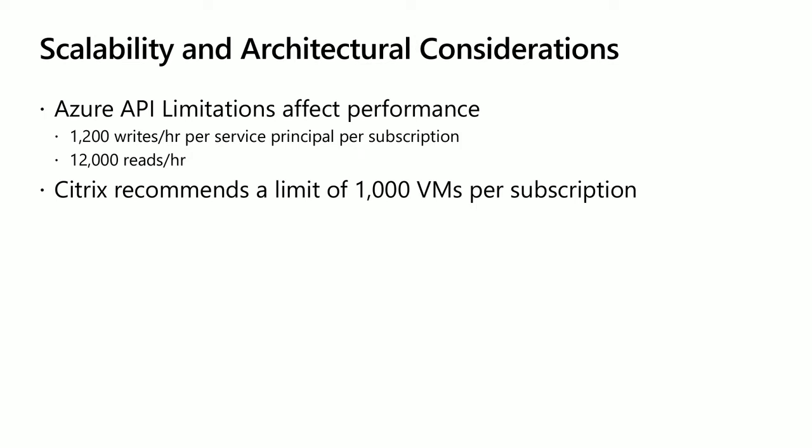So that's a lot of writes we do, especially when someone is logging on in the morning for a boot storm. With that said, a rule of thumb would say limit it to about 1,000 VMs in each subscription, 1,000 VDIs. That could be 10,000 users or more, depending on what you're doing, sessions or apps or VDI. Sounds good?